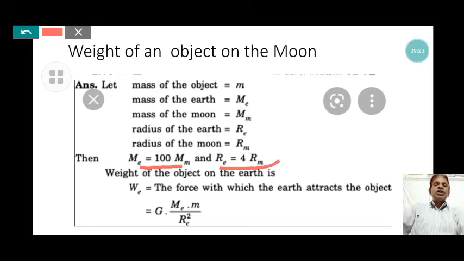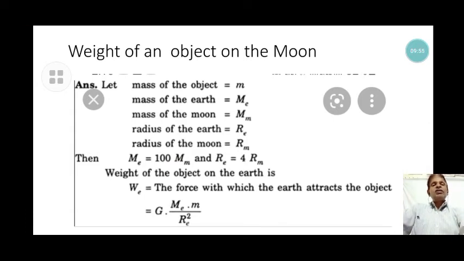So it is the weight of an object with mass m, where G is the gravitational constant, Me is the mass of the earth, and m is the mass of the body. If we convert Me and Re in terms of the radius and mass of the moon, we easily get the weight of the body on the moon. We calculate by putting in all these values.